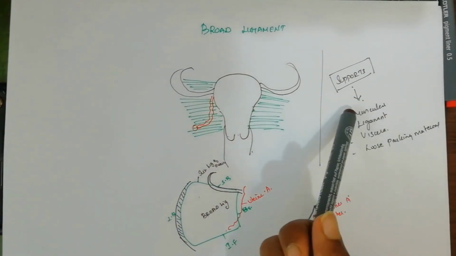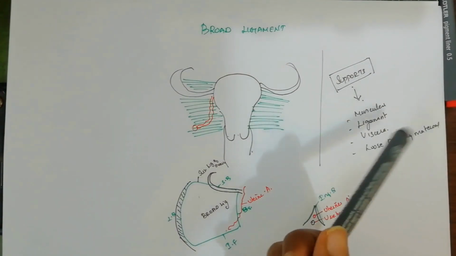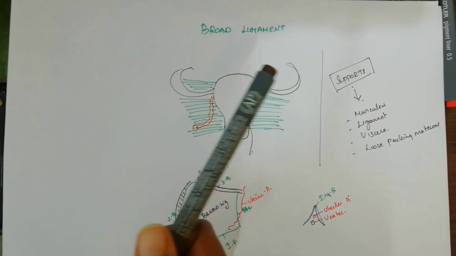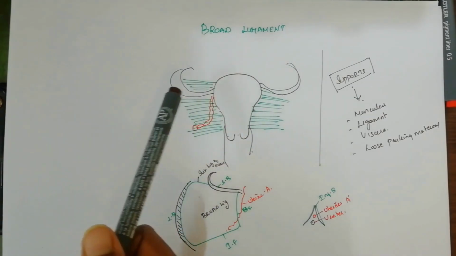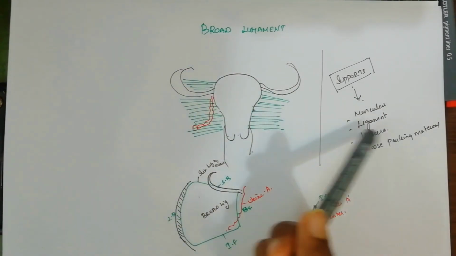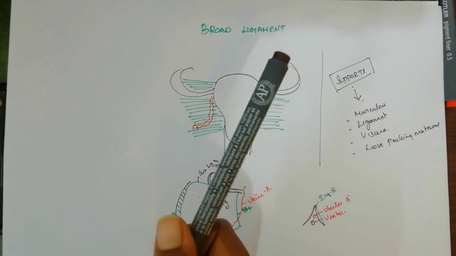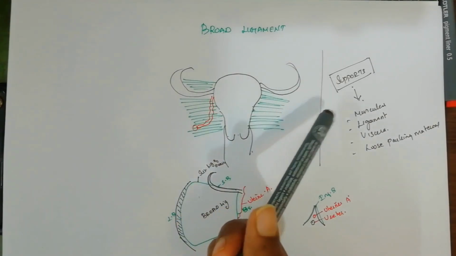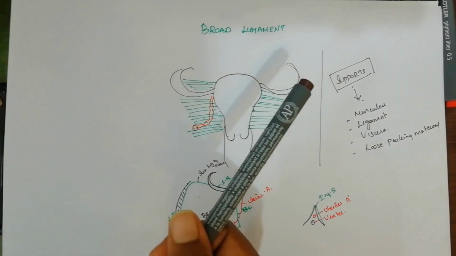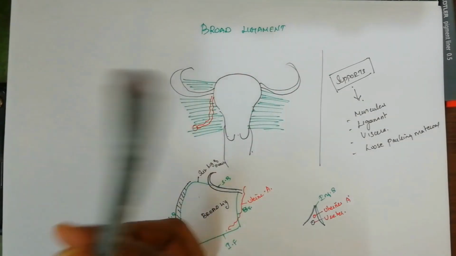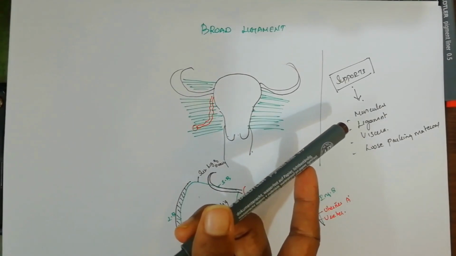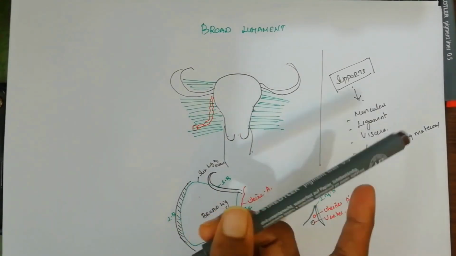The muscle is the pelvic diaphragm, and the ligament is the Mackenrodt's ligament, which is a true ligament and a paired ligament, along with the round ligament of uterus. And then we will be having the uterosacral ligament. Especially the true ligaments are necessary for holding the uterus in proper position. And the viscera, such as anteriorly the urinary bladder and posteriorly the rectum, are very necessary for maintaining the proper midline position of the uterus.